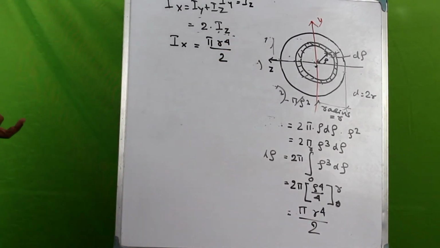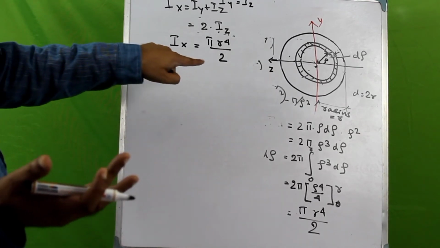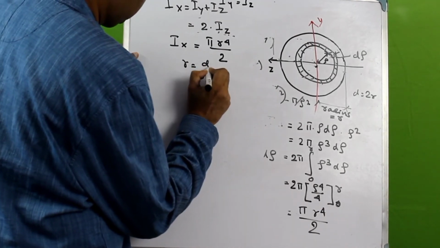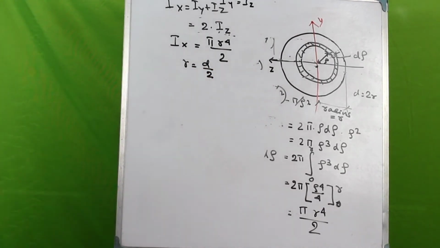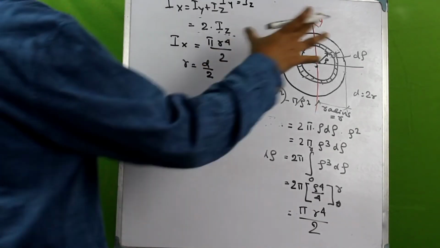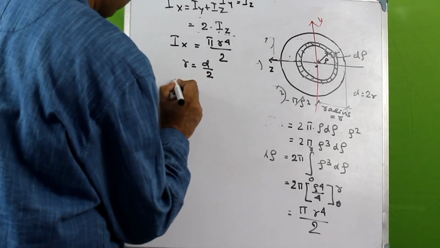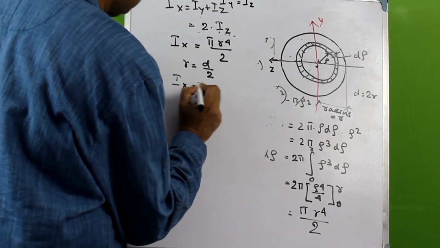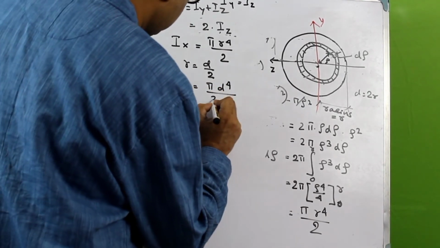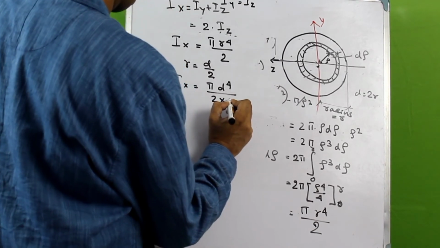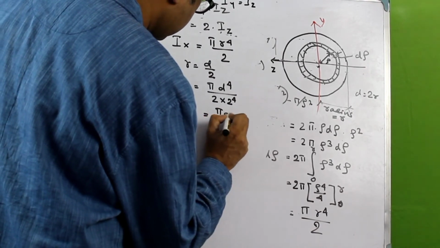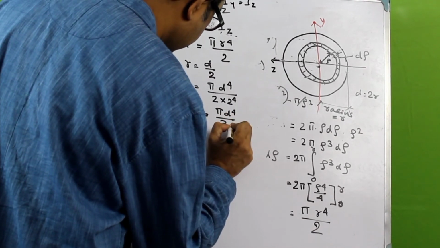Now r can be represented as d by 2, where d is the diameter of the circle. So then we have Ix equal to pi d to the power 4 by 2 into 2 to the power 4. So it would be pi d to the power 4 by 32.